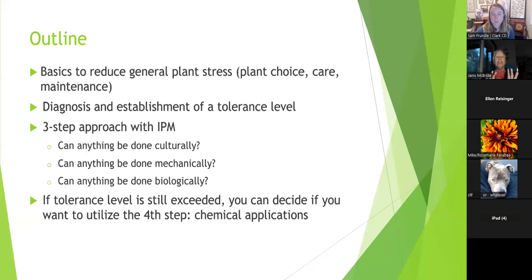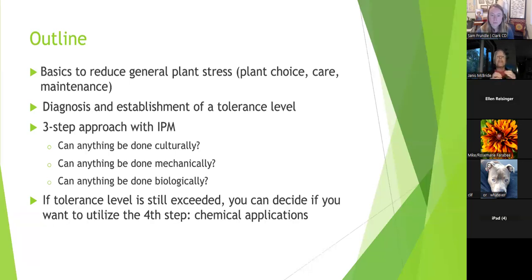So what we want to do is establish how much pest pressure we can handle before we take action, especially when we're taking action with chemical applications. So we just want to establish that because insects, for example, one of many pests, are really great. Most insects are very beneficial to your garden. So we'll talk about that.